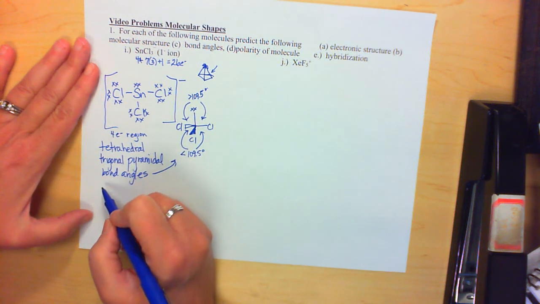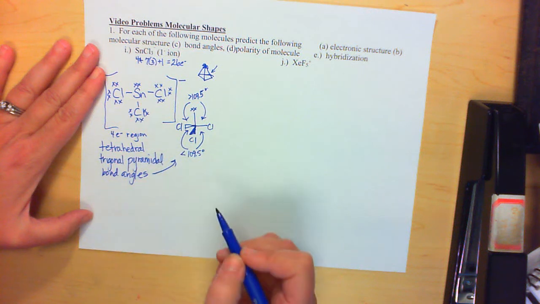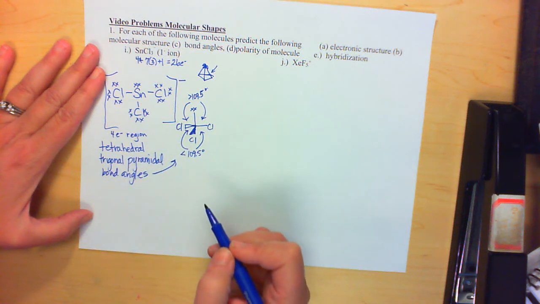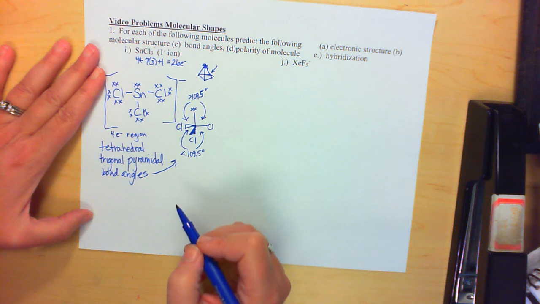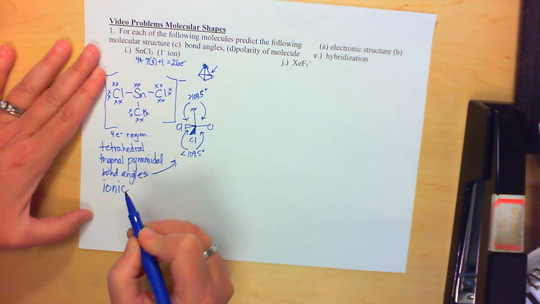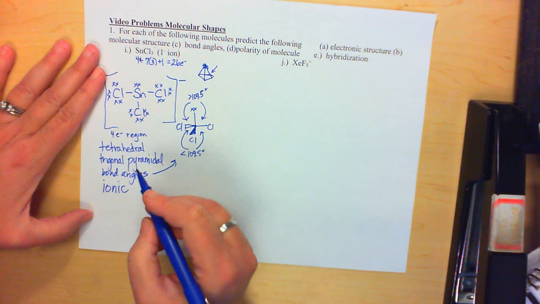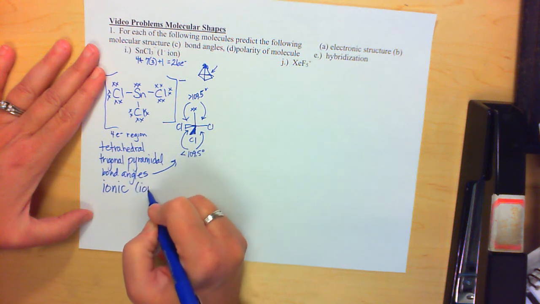Now D is polarity. Polarity is a partial positive and negative in a molecular compound. We don't have a molecular compound, so we have to designate that we know this. So it's an ion. So it's ionic, or you can put ion, it doesn't matter.